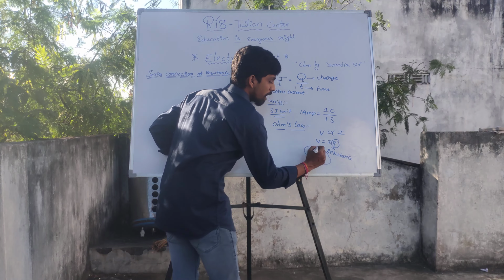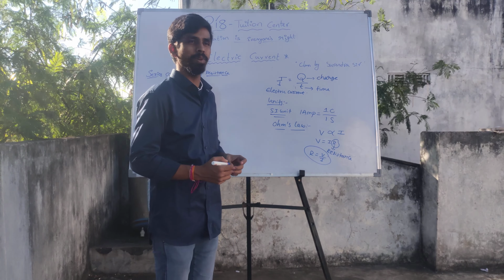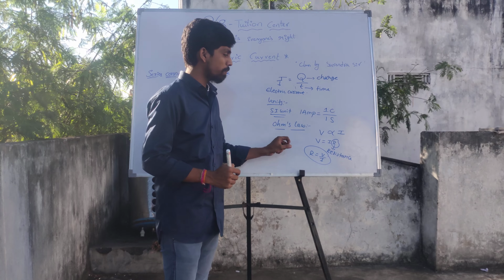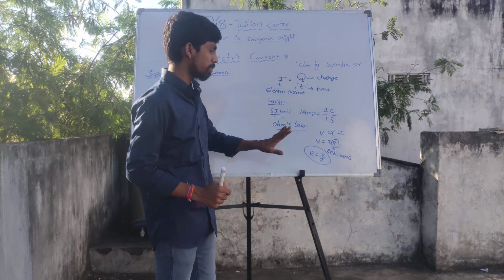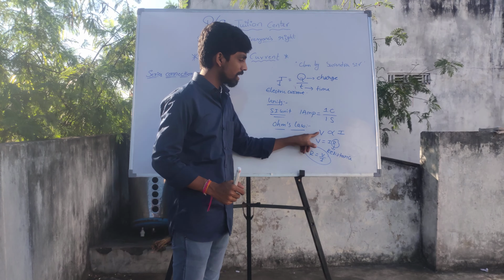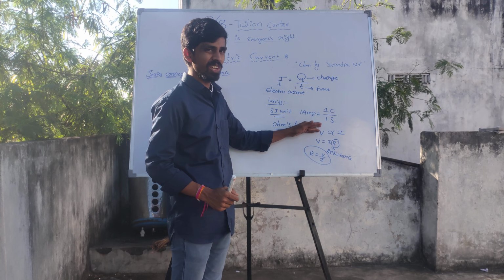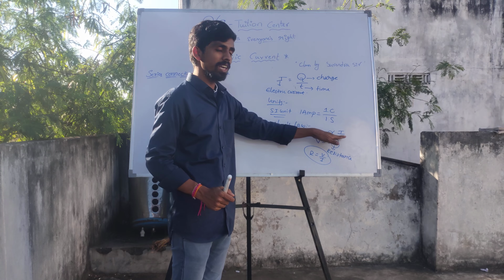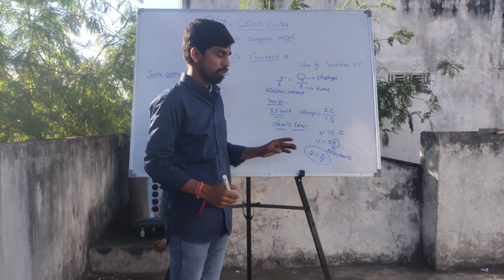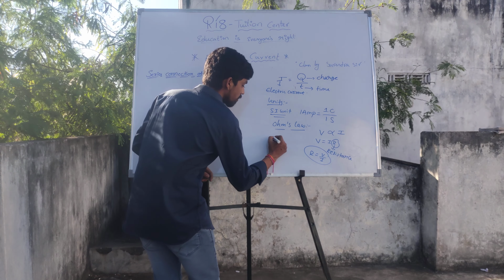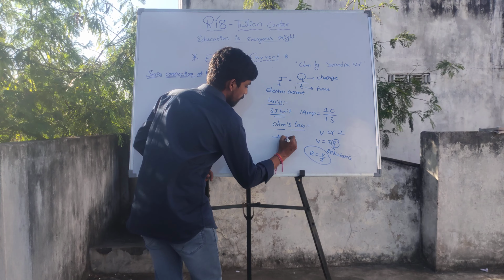Ohm's law is applicable only at a constant temperature. The potential difference is directly proportional to the electric current: if you increase the voltage in the circuit, the current will also increase. The resistance symbol is like a speed breaker.